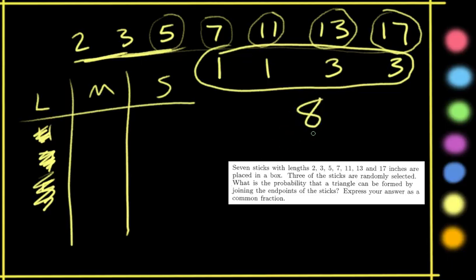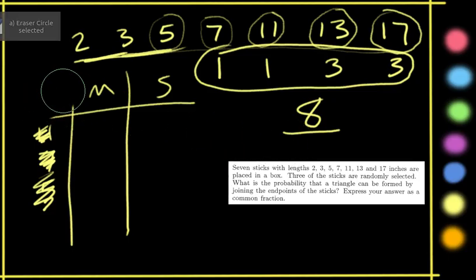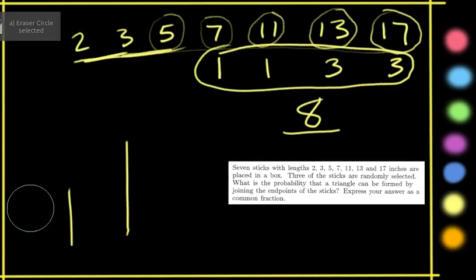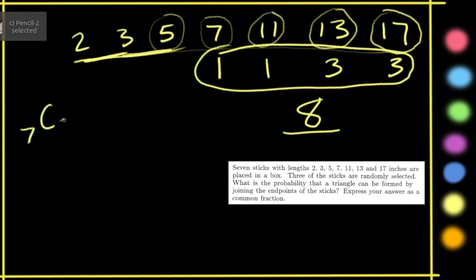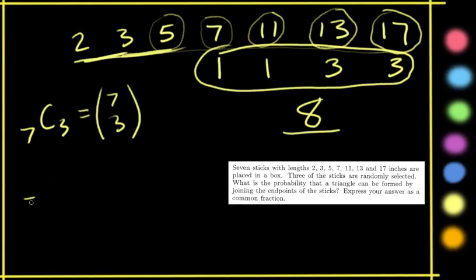And in order to turn that into a probability, I need to divide by the total number of ways that I can pick 3 sticks out of this box. So how many ways can I pick 3 sticks out of a box? Well, that's just 7 choose 3, which is equal to 7 times 5 times 4 divided by 3 times 2 times 1, because this is 7 factorial divided by 4 factorial, and then also divided by 3 factorial.